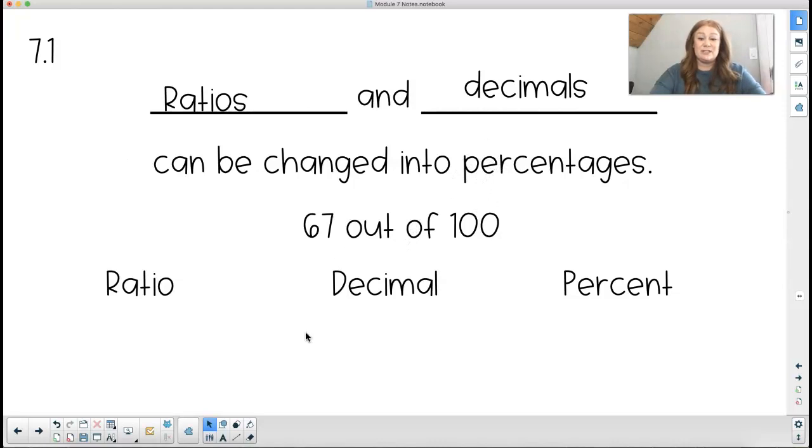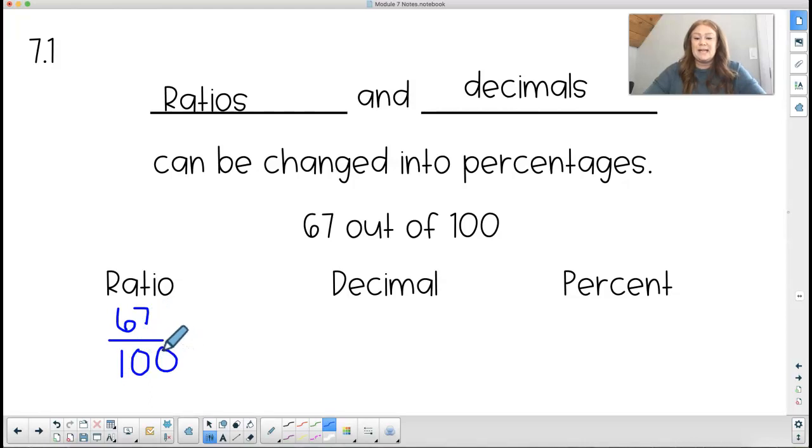and we need to change them into percentages. So here we have our ratio 67 out of 100, and I would write that as my ratio 67 out of 100. I can take that and change that into a decimal number. So this is 67 hundredths. The hundredths place is 2 places over.